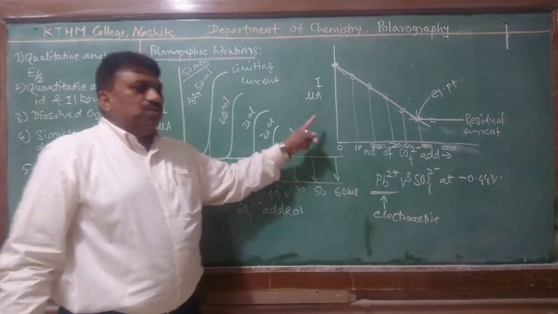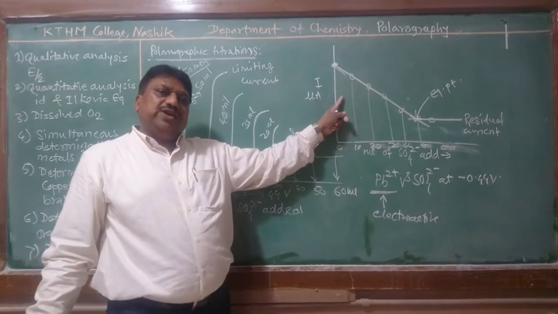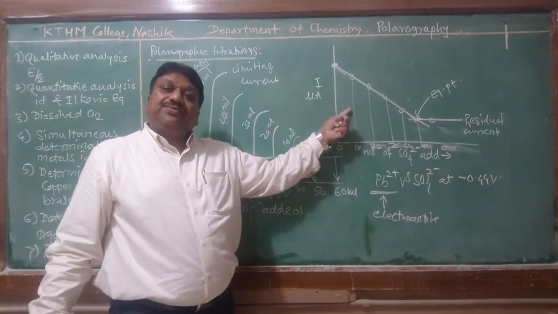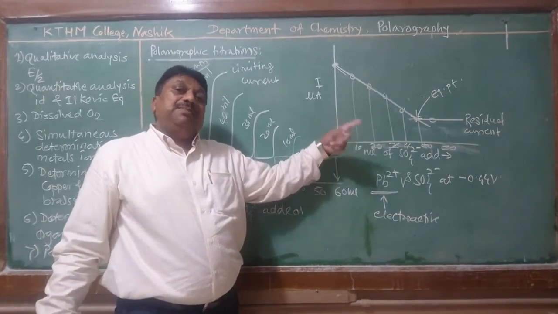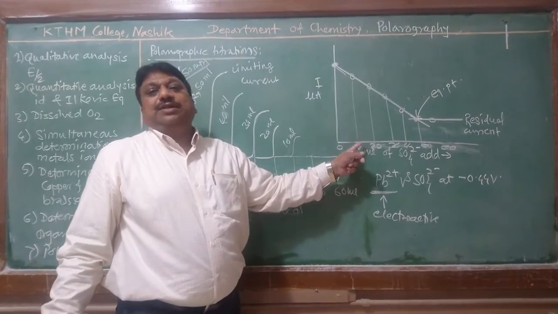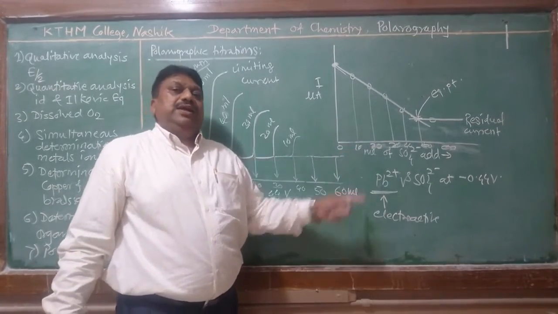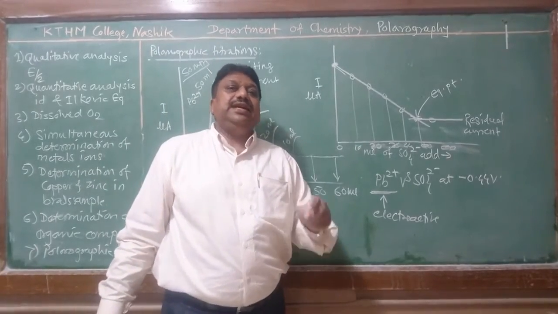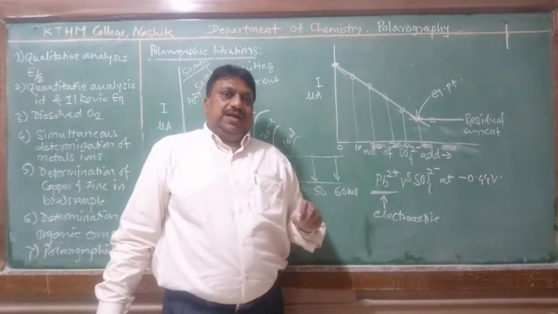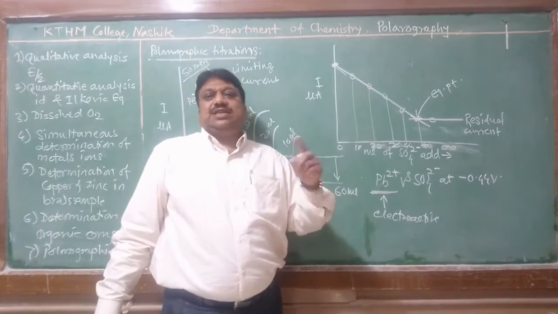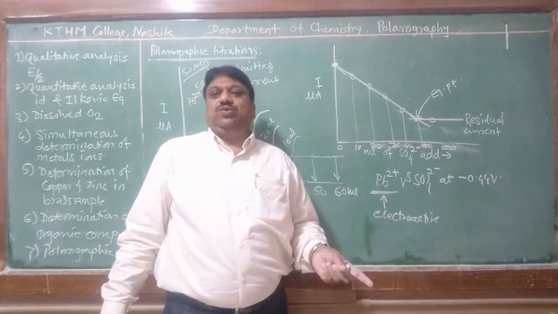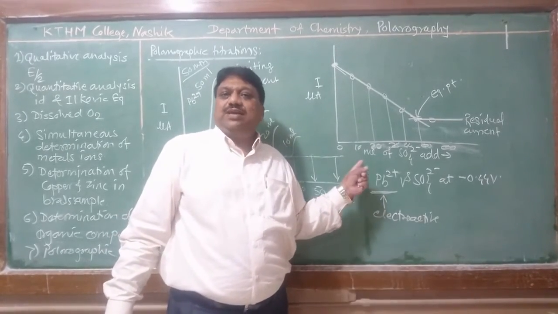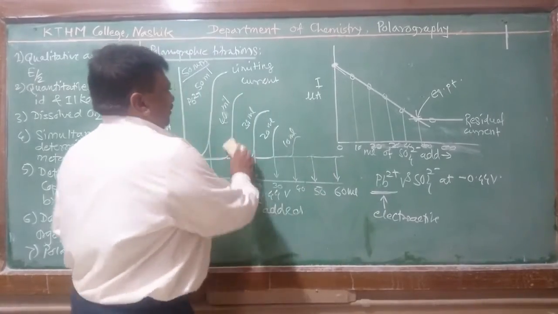Therefore, we can perform this polarographic titration for different types of analyte that may or may not be electroactive. If the analyte is not electroactive, then the reagent is selected to be electroactive. Sometimes the analyte as well as the reagent are both electroactive, and then also we can perform the polarographic titration.